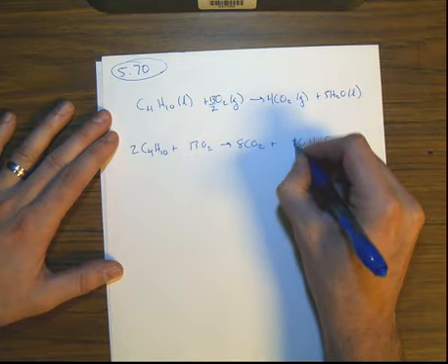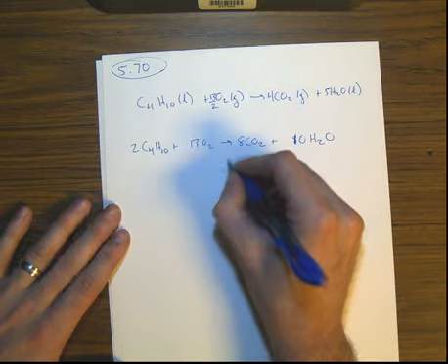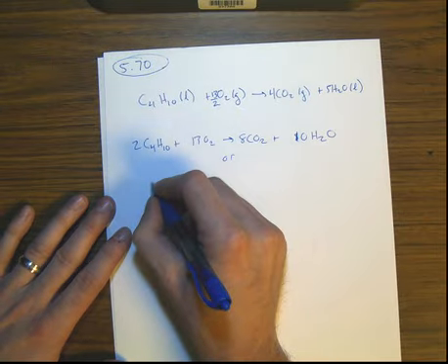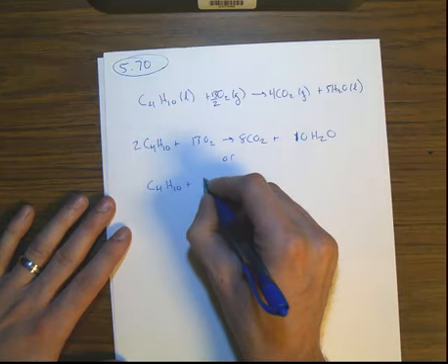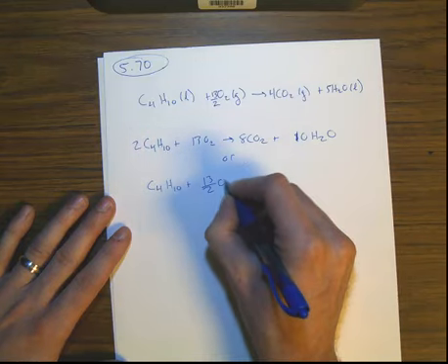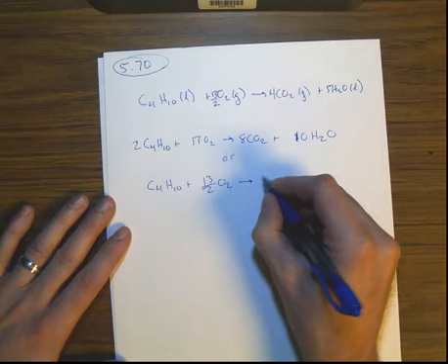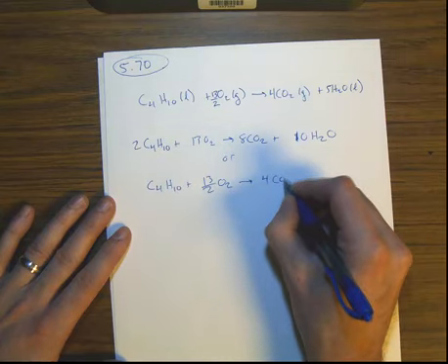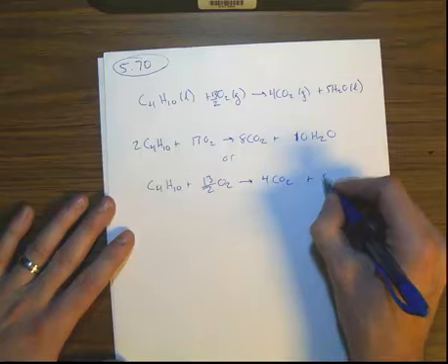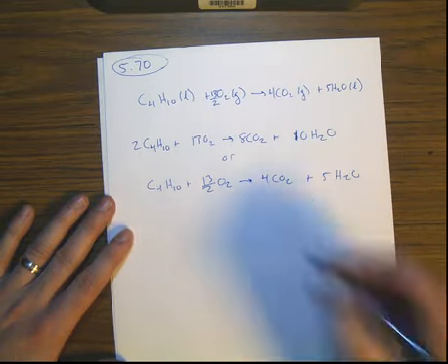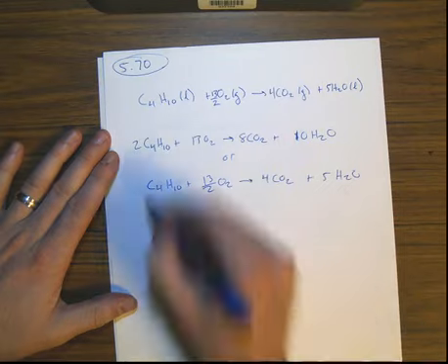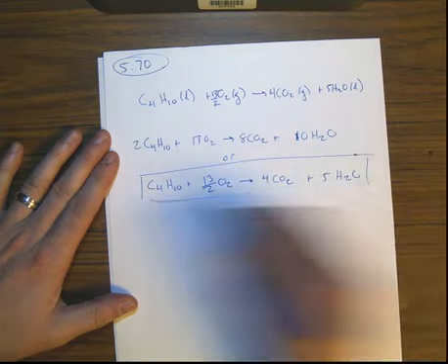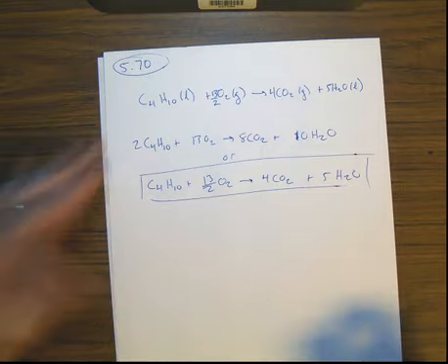Or you could have kept it as what I originally had, which was C4H10 plus 13 halves O2, producing 4 CO2 and 5 H2O. Either of which would work. I'm going to go with the second one, but you could have done the first one just as well.